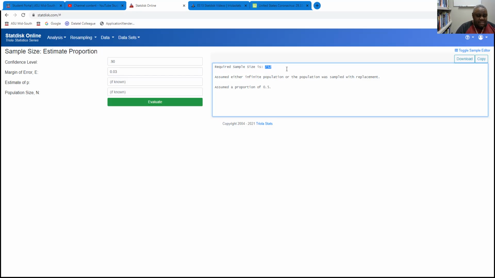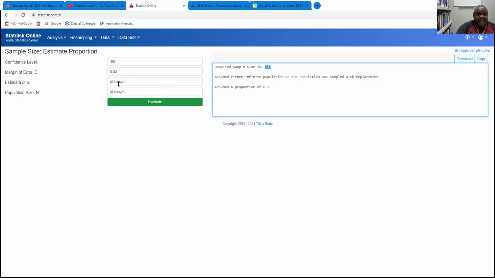Now in part B, we assume that there is an estimate of p hat found in a previous study that suggests 15% of golfers are left-handed. So the 0.90, which is your confidence level as a decimal, remains the same. The margin of error of 0.03 remains the same.